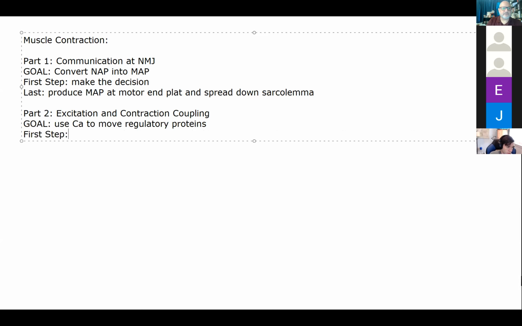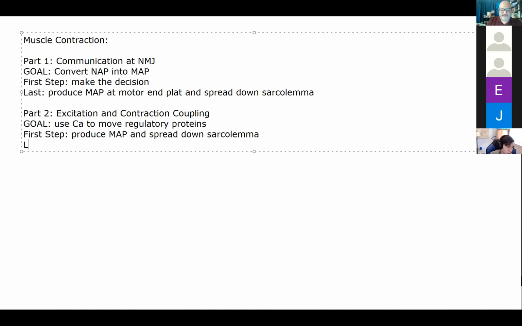Producing a muscle action potential at the motor end plate and spreading down the sarcolemma. What was the last step? Myosin binding to the actin and starting the contraction.